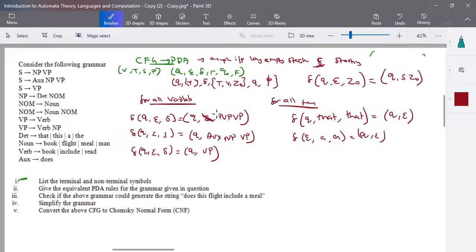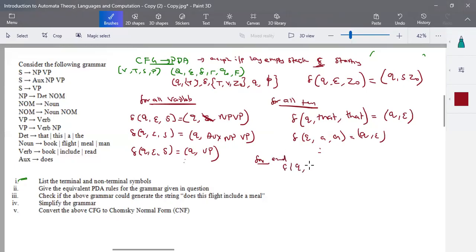So this is for all terminal symbols. You have to write the transition for all terminal symbols; you just fill this in.